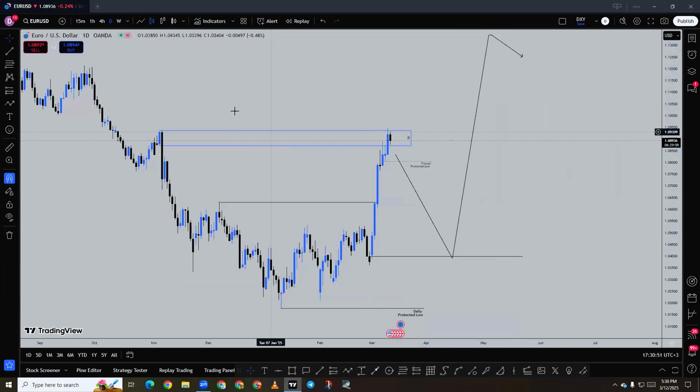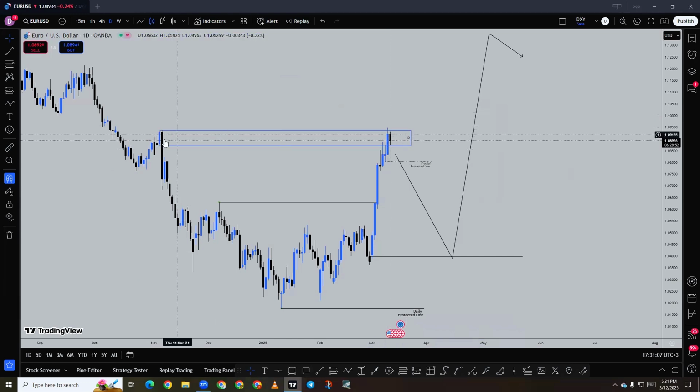Looking at where price is, I was also expecting to see some form of a reaction from this supply zone. But as you can see, price just came in and actually broke to the upside.